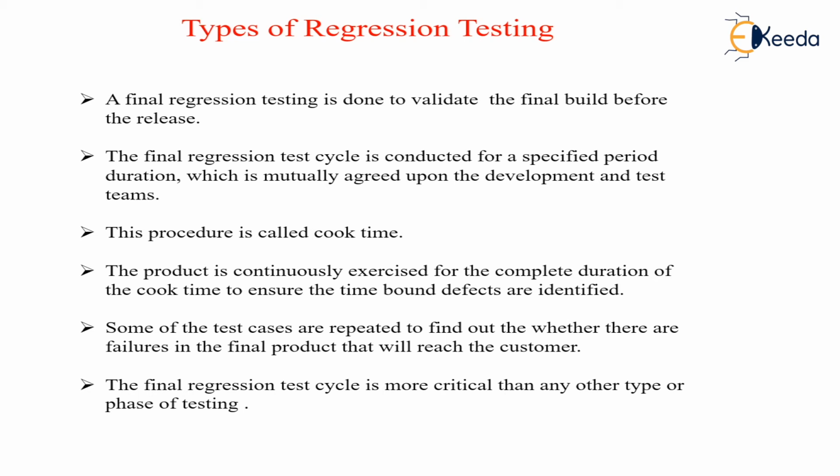The final regression test cycle is conducted for a specified duration, and this entire procedure is called cook time. Cook time is necessary to keep the product under test for a certain duration to see if any memory defect comes up.